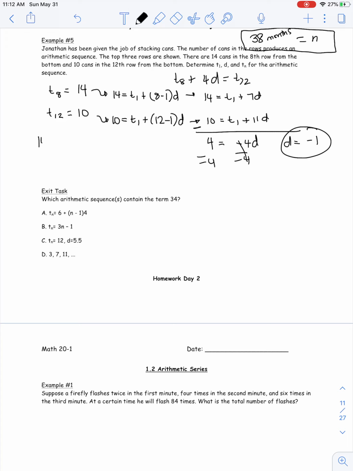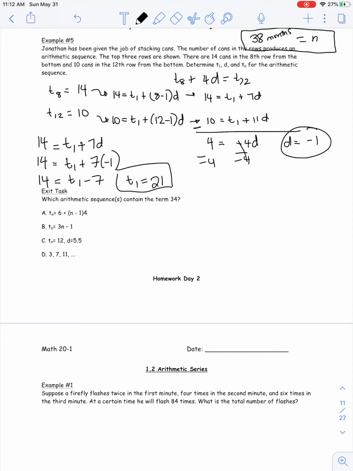So once you find your common difference, you can use one of the equations that you previously used, which is this one, and substitute d as -1 to solve for the other one. This is called substitution. So I'm plugging in -1 into d, and I get 14 equals term 1 minus 7. So I'm going to add 7 to both sides and get that term 1 equals 21.